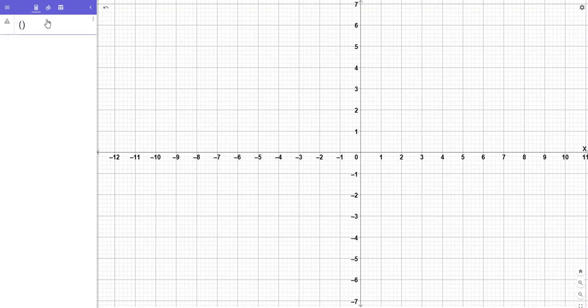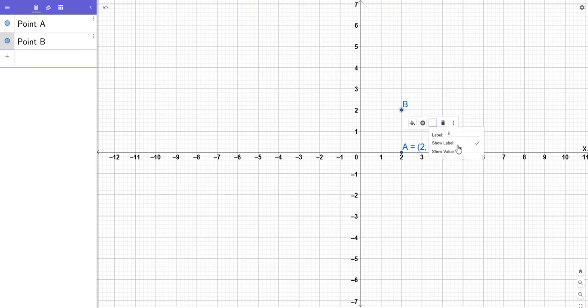The first point was (2, 0). So this is the first point. The second point was (2, 2). So here it is, the point (2, 2), and the third point was (2, 4).